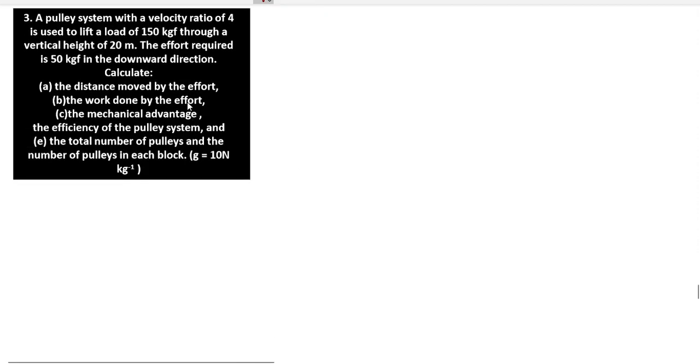A pulley system with velocity ratio 4 is used to lift a load of 150 kgf through a vertical height of 20 meters. So load is 150 kgf. Height is equal to 20 meter. The effort required is 50 kgf, and the velocity ratio is 4.